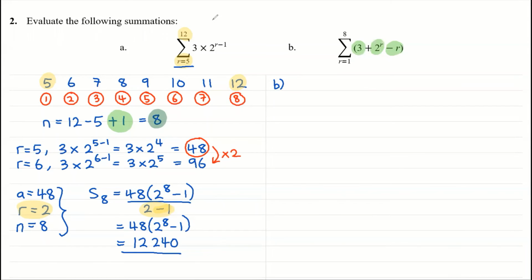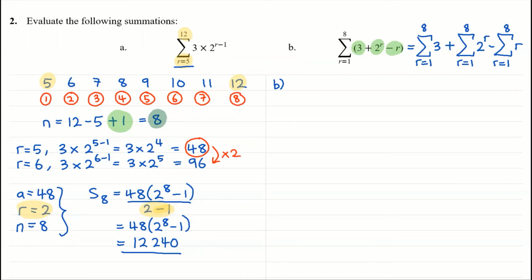So what I mean is, I'm going to write it out and show you. I can write this as the sum from r equals 1 to 8 of 3, plus the sum from r equals 1 to 8 of 2 to the power r, and then I have to subtract the sum from r equals 1 to 8 of r.